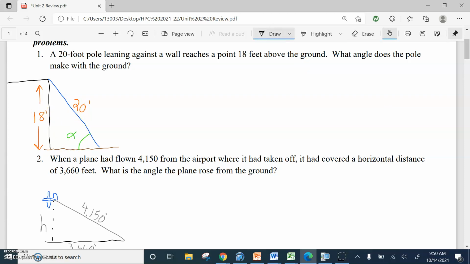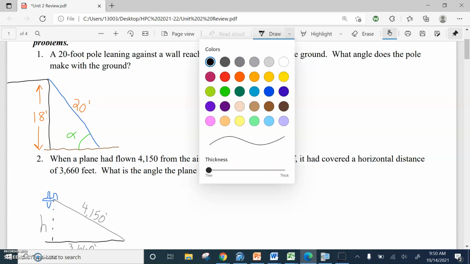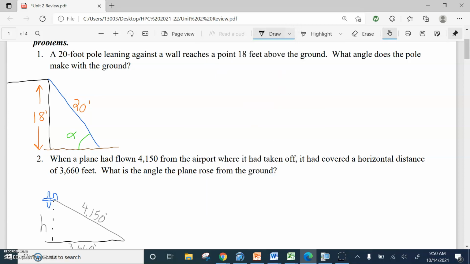When we look into that, we realize that the function that uses opposite and hypotenuse is sine. So sine of alpha is that ratio of opposite over hypotenuse. And we need alpha by itself. So to undo sine of alpha, just like we have always done in the past, to undo something like 2x, we undo the multiplying by dividing by 2.